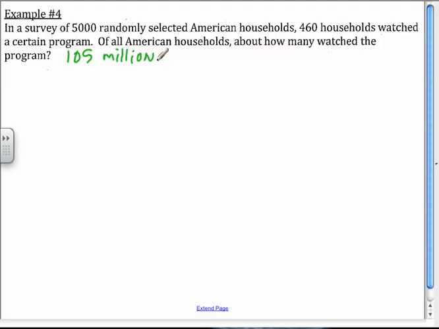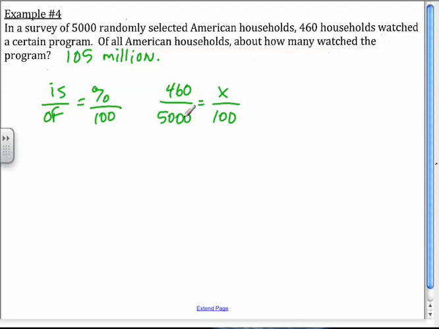Remember, we can do it in a couple of ways. I could say that 460, remember with our percentages, we can use the percent proportion, is over of equals percent over 100. And we might ask ourselves, 460 is what percent of 5,000? Okay?